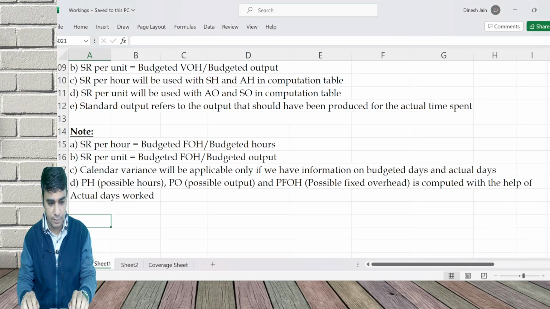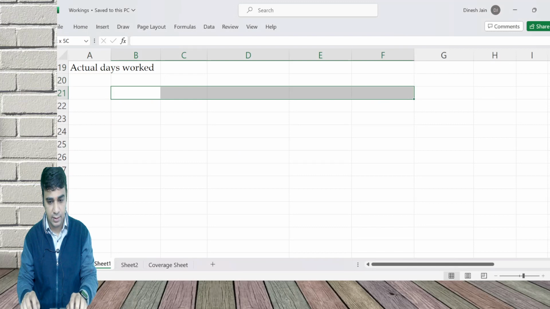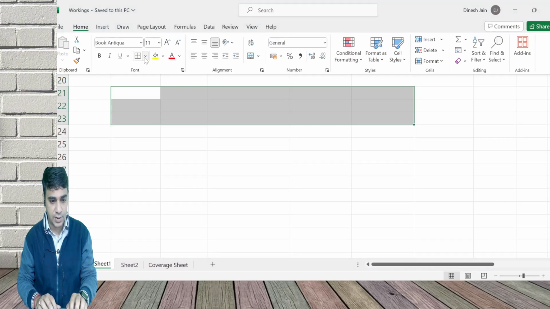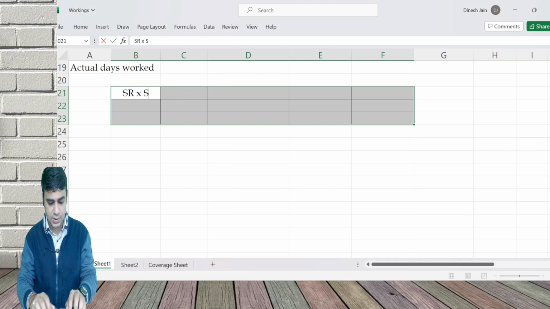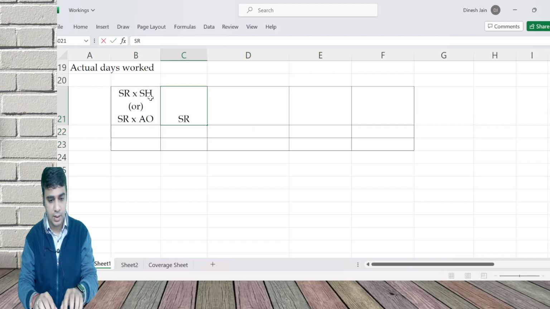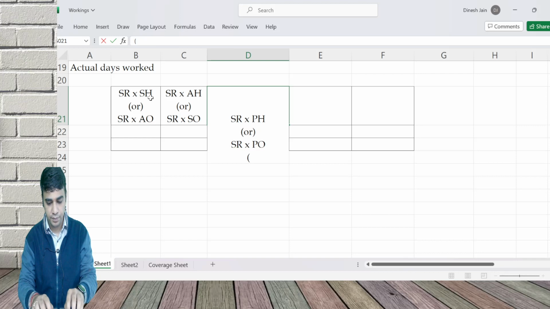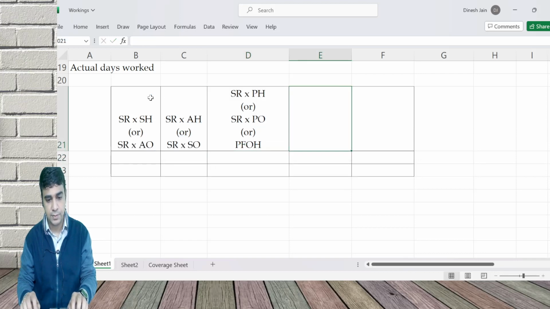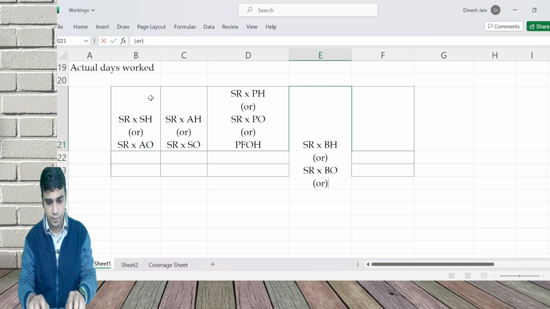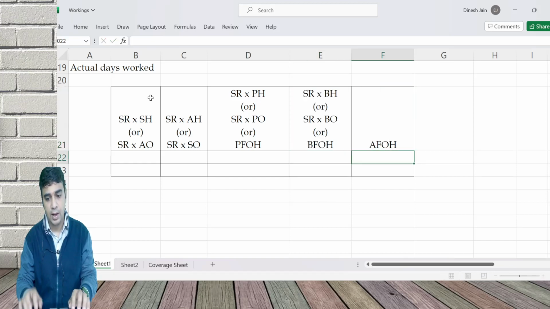Okay, let's do the computation table below this now. I will write all the conversion factors, but use only one of them: SR into SH, or SR into AO, SR into AH, or SR into SO, PH, PO, PFOH, BH, BO, BFOH, and AFOH.